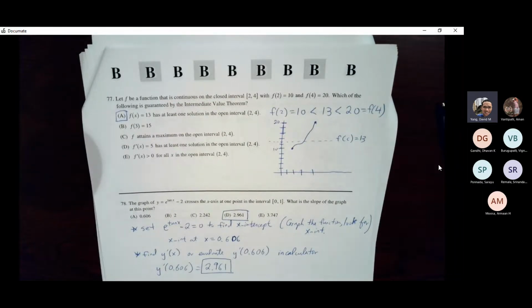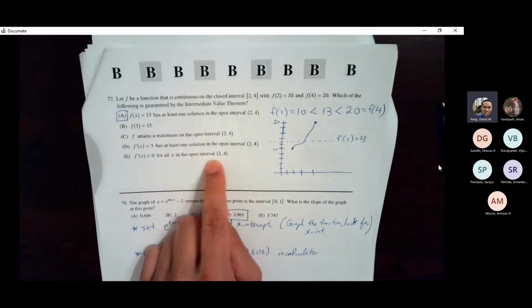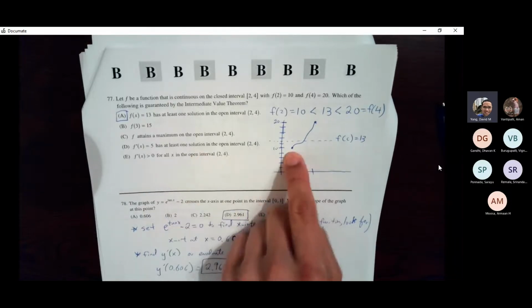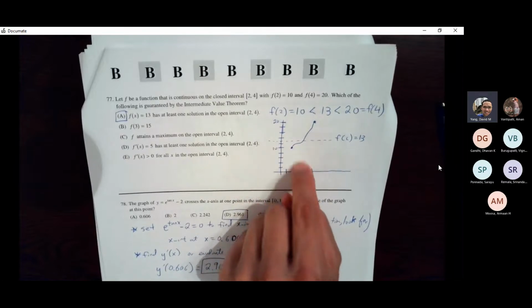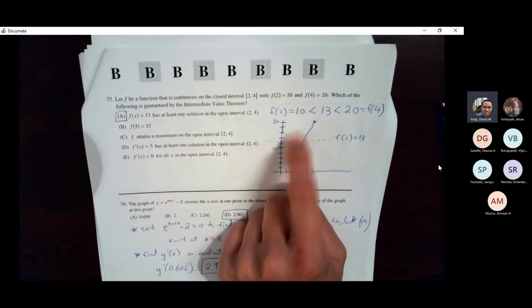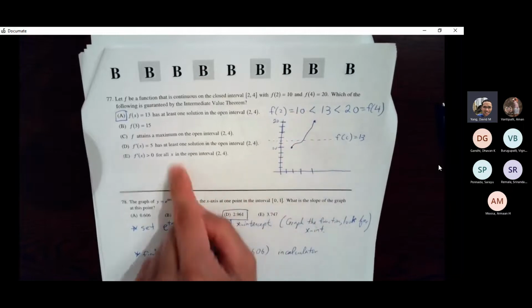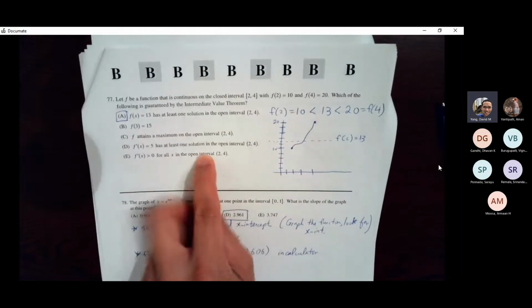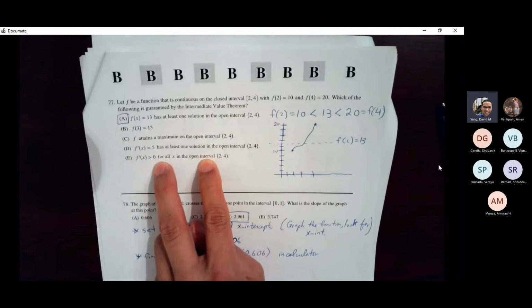And then part E, slope is greater than 0 for all values between 2 and 4. That's possible. That's the way I drew it. But it's also possible that our graph may dip down and come back up, or come up and dip down. We can't guarantee without looking at the graph that our slope is always going to be positive in this interval.